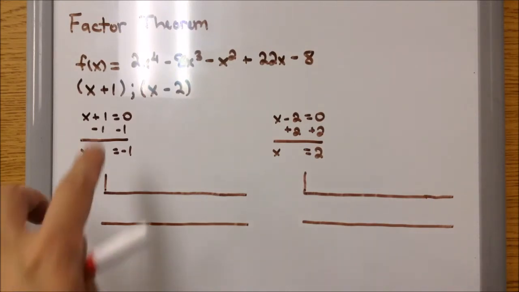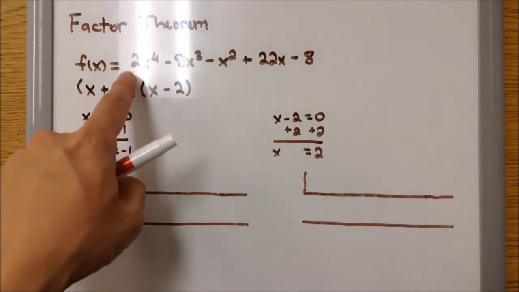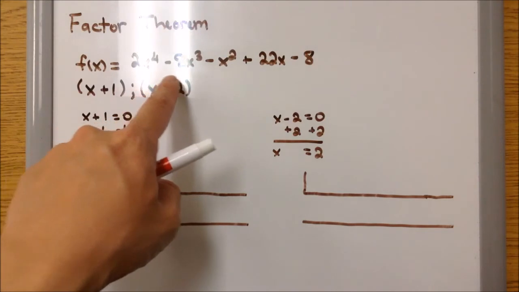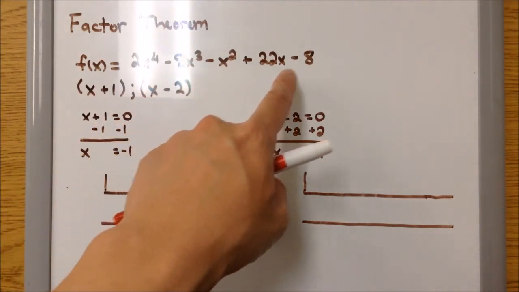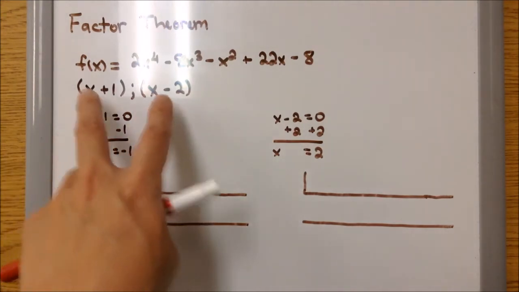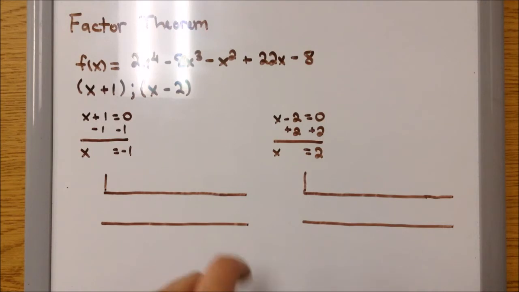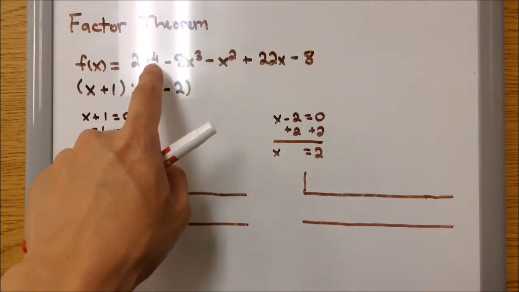So we have, in our first example, f of x equals 2x to the fourth minus 8x to the third minus x squared plus 22x minus 8. Now, before I do any division, before I look into the divisor or factors, let me see if I have all terms. So I'm starting with the x to the fourth.